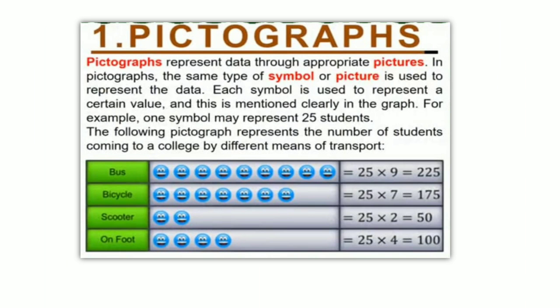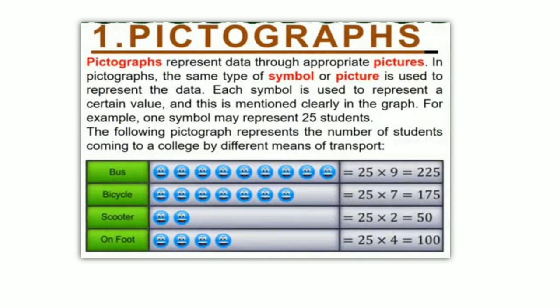Now let us learn pictographs in detail. Pictographs represent data through appropriate pictures. In a pictograph, the same type of symbol or picture is used to represent the data. Here in the picture downside, a pictograph is given.